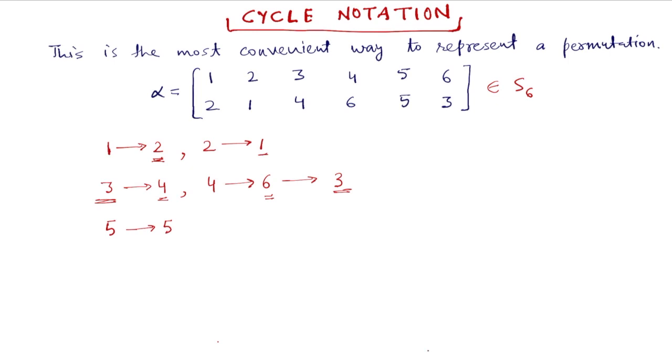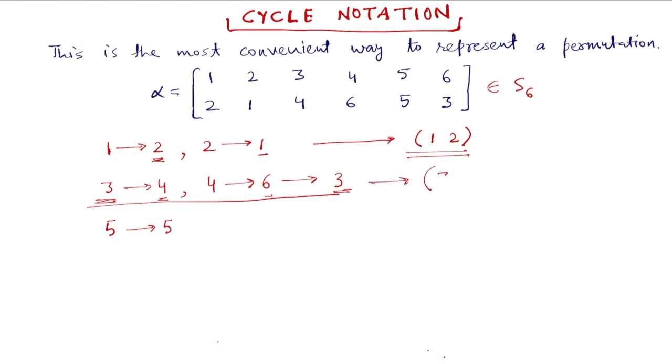First cycle, in which 1 goes to 2 and 2 goes to 1, we write it as (1 2) and close this bracket. So it is understood that in this cycle 1 goes to 2 and 2 goes to 1. The second cycle consists of 3 symbols.